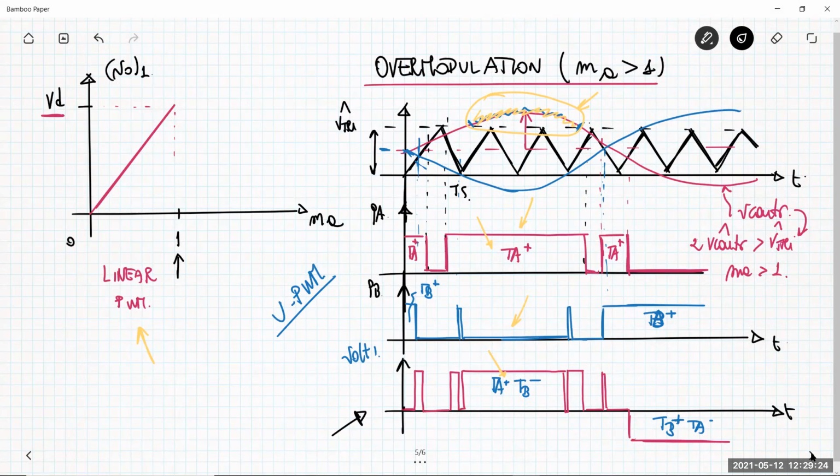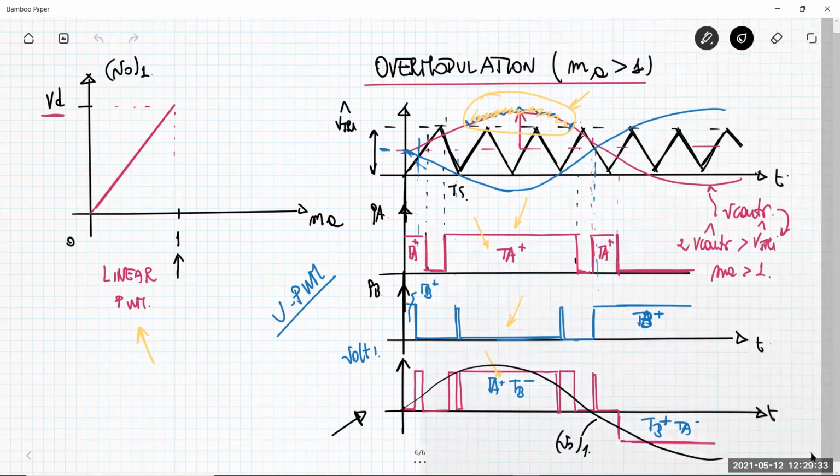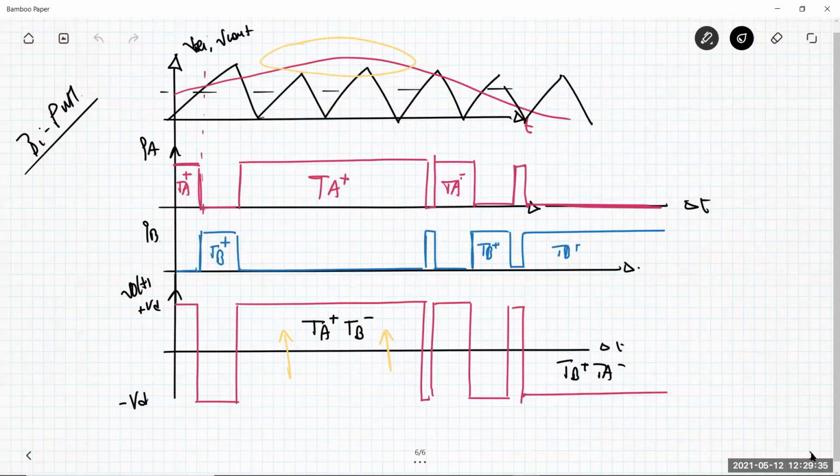You can see that there is a contribution like this, which is V01. In the same way, for the bipolar pulse width modulator, if you look at the spectral decomposition, you can see that there is a voltage which is the fundamental component of this waveform, which is a sine wave at frequency F1, exactly like the control voltage.